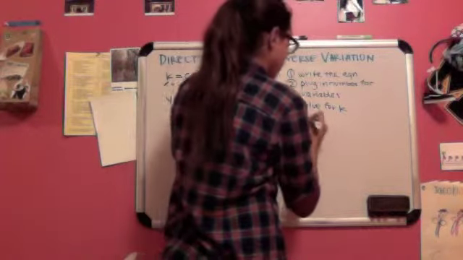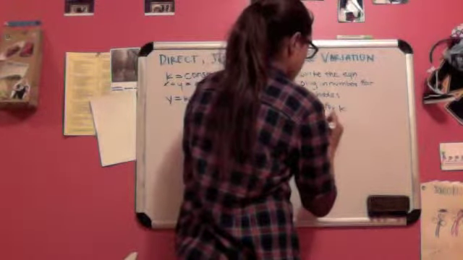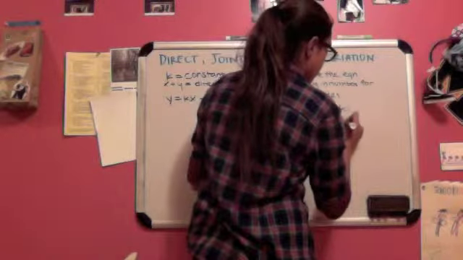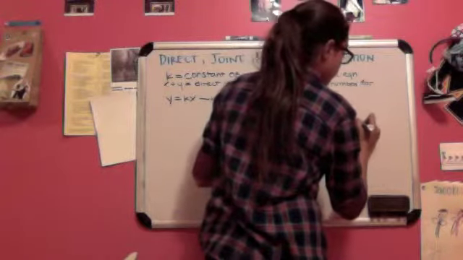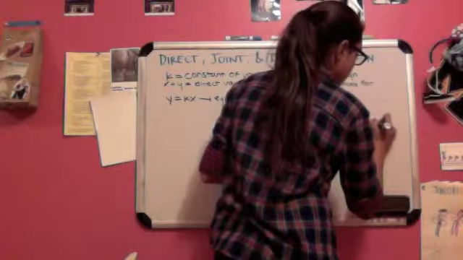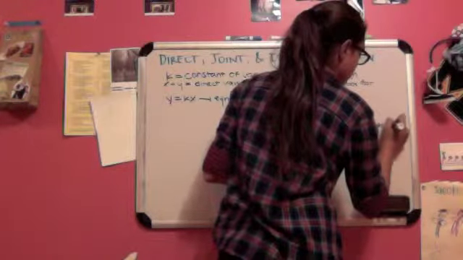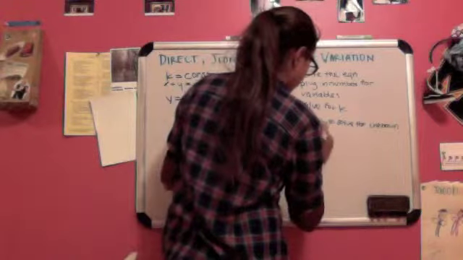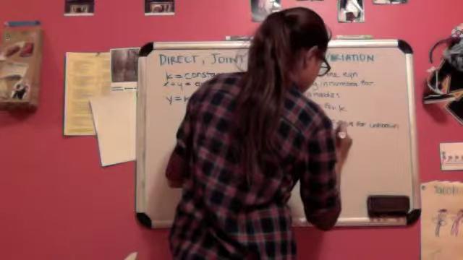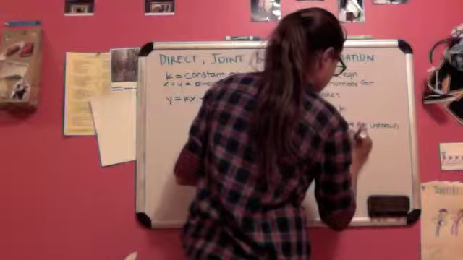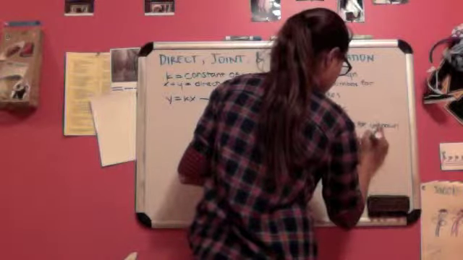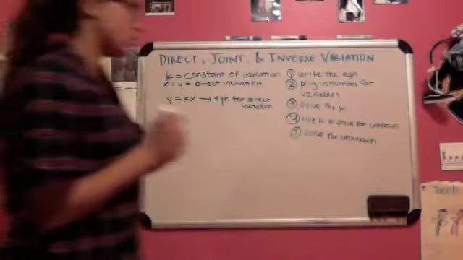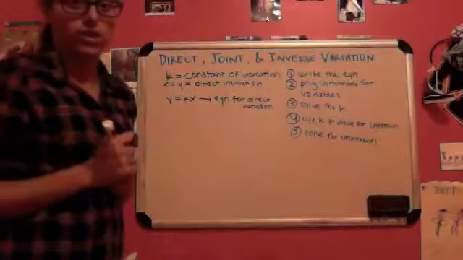Four is to use k to solve for the unknown. And the final step is to solve for the unknown. And those are the steps for direct variation.